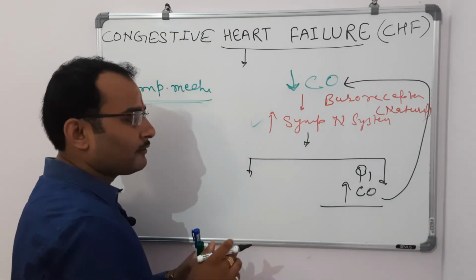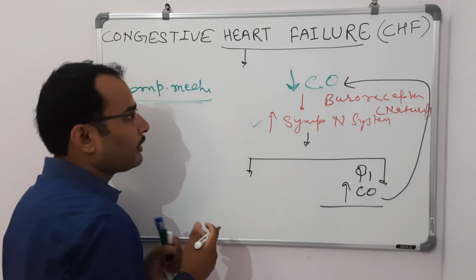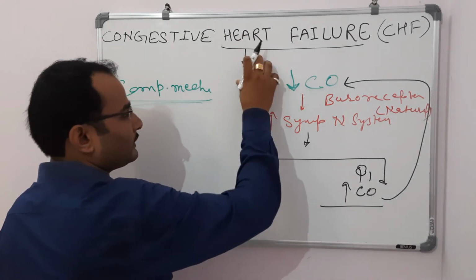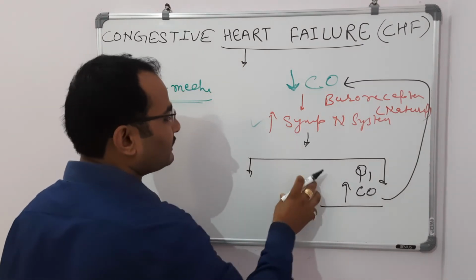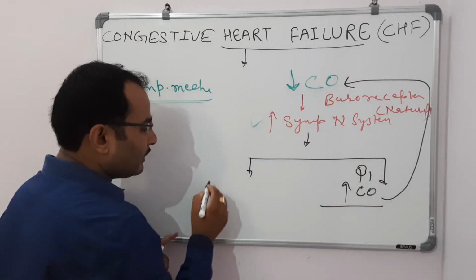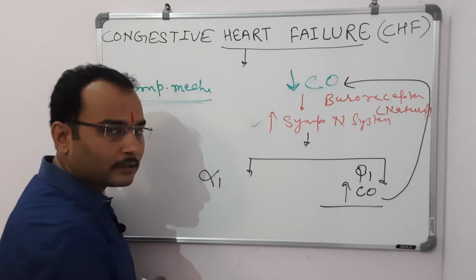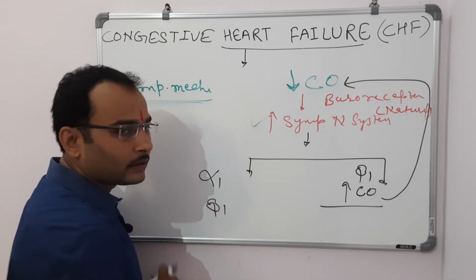But in the case of long term, if the problem persists, in congestive heart failure the body again and again tries to compensate this problem with this mechanism, there will be activation of the alpha 1 receptor and the already activated beta 1 receptor.